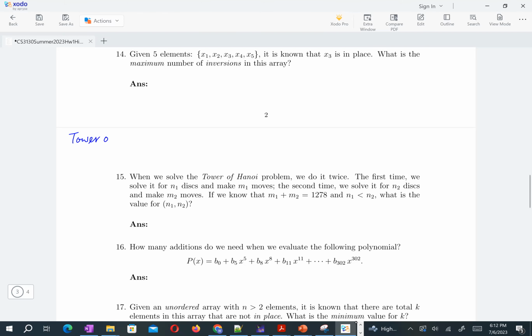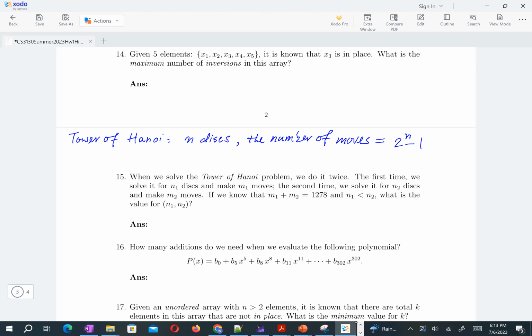For the Tower of Hanoi problem, given n disks, the number of moves equals 2 to the n minus 1.